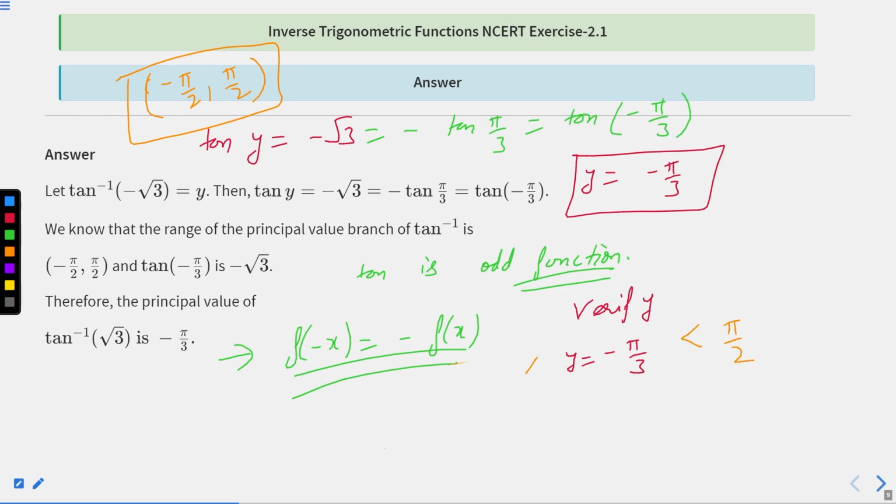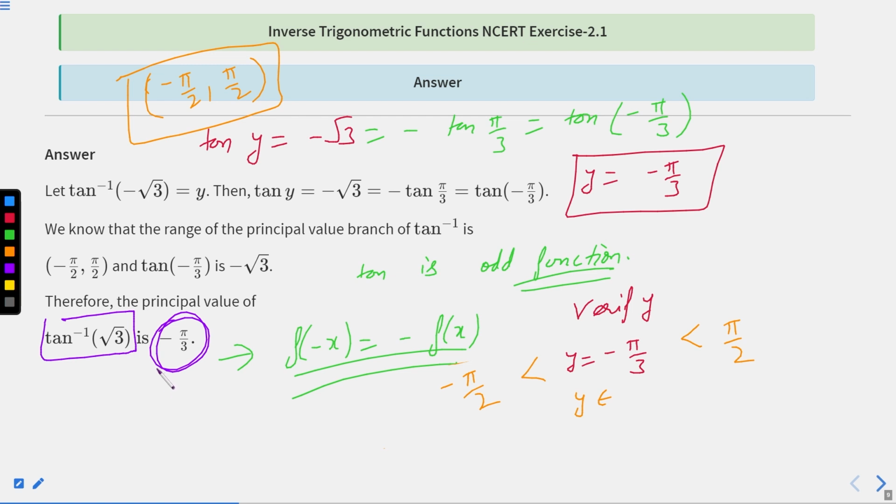So indeed y belongs to the principal value branch. So the principal value of tan inverse of minus root 3 is minus pi by 3. Let's move to the next question.